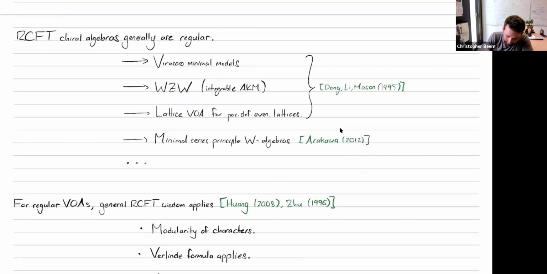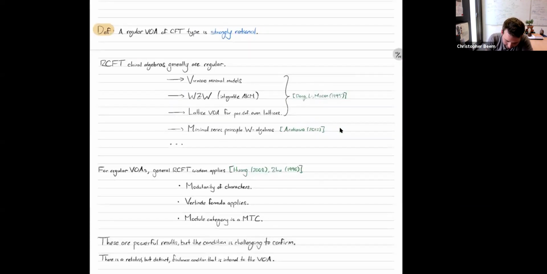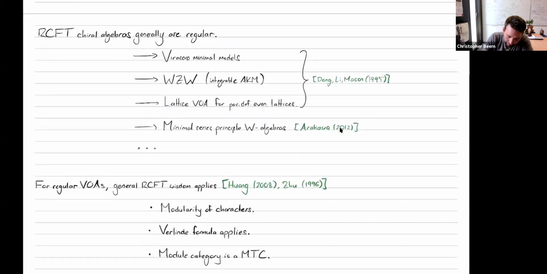So if you've spent some time with RCFTs, all of your favorite chiral algebras, Virasoro algebra at the minimal model values of the central charge, WZW models that have affine Kac-Moody current algebras at positive integer levels, lattice vertex algebras with positive definite even lattices, even some minimal series W algebras. These all have this regularity property.